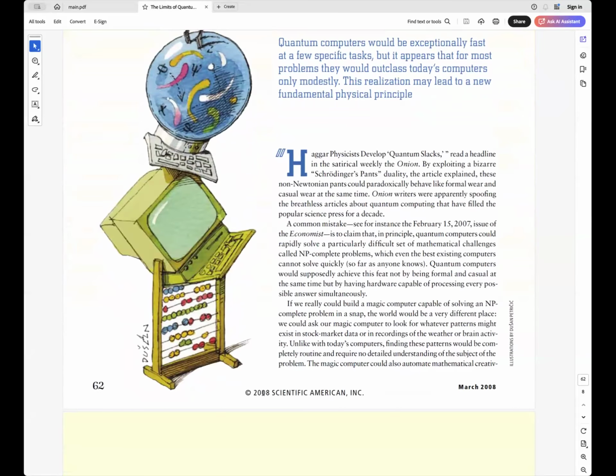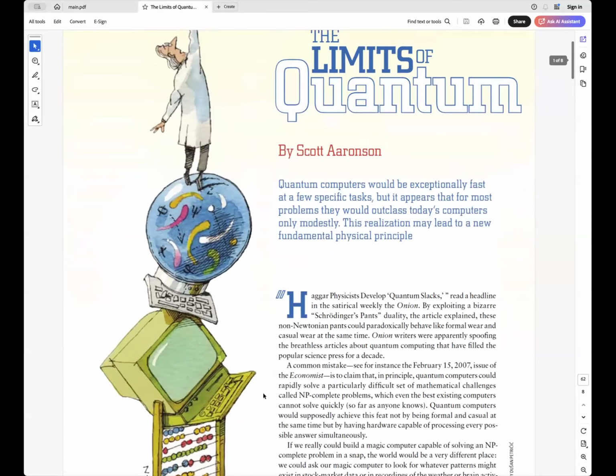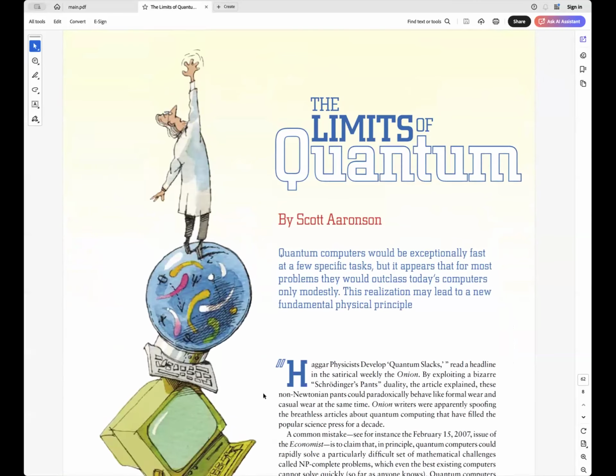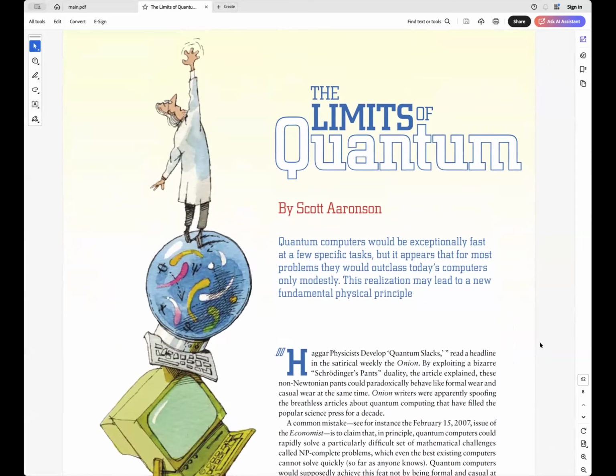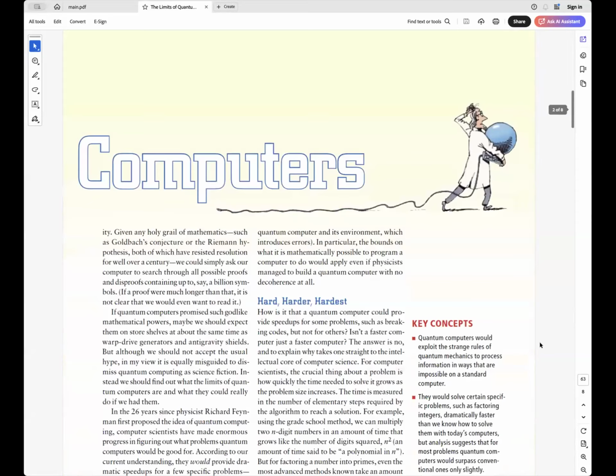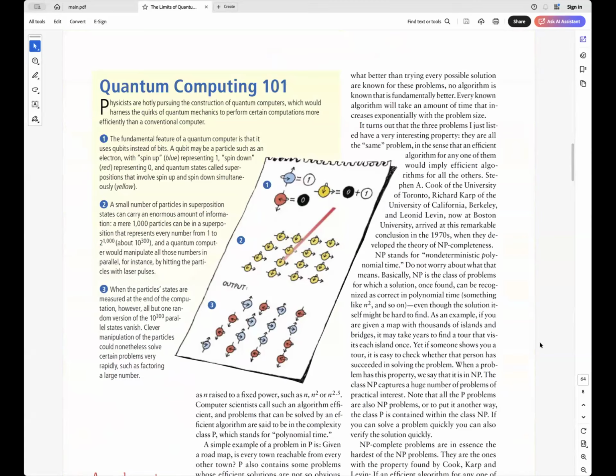So even though this was 17 years ago, the theoretical limitations of quantum computers are set. All that has evolved in these 17 years is that we now have quantum computers available, but the theory is obviously the same, at least with regards to the theoretical limitations. And I want you to read this until next week, because we'll discuss it next week.